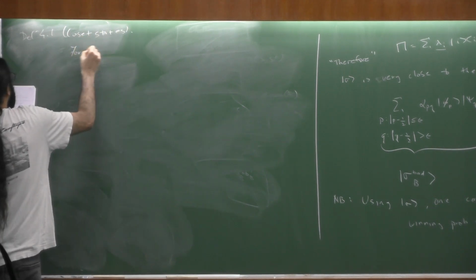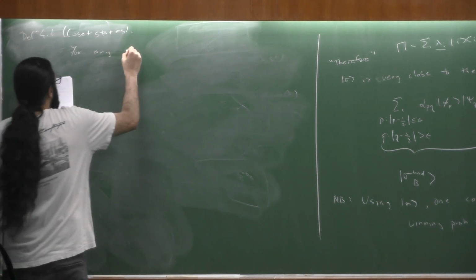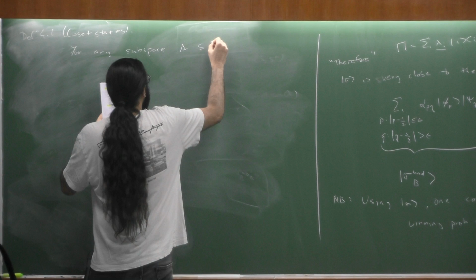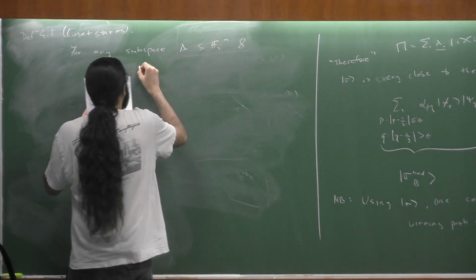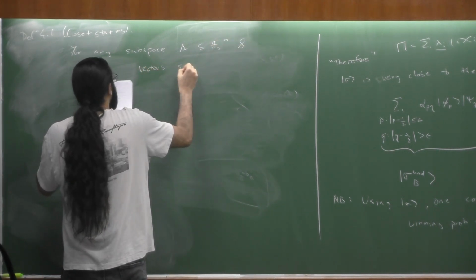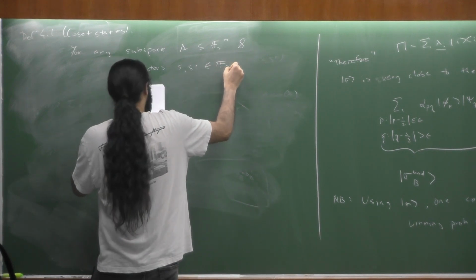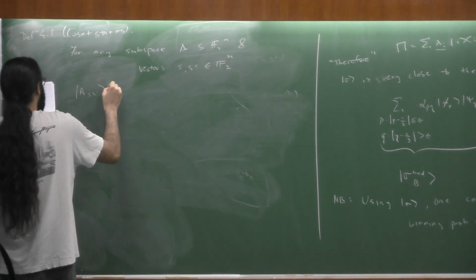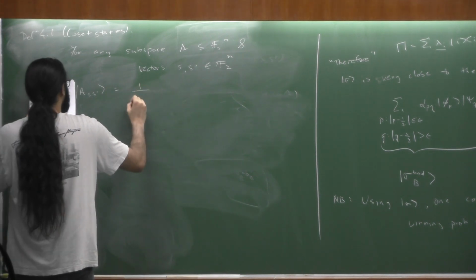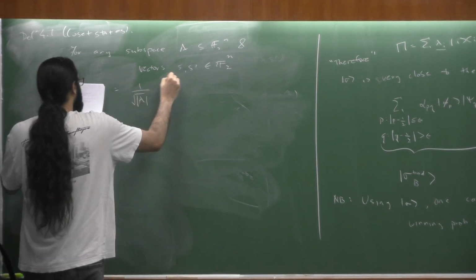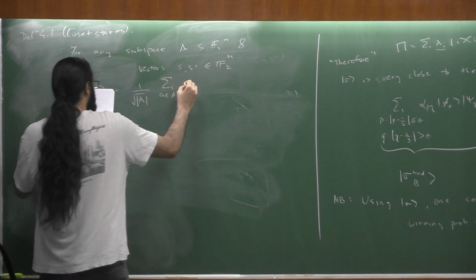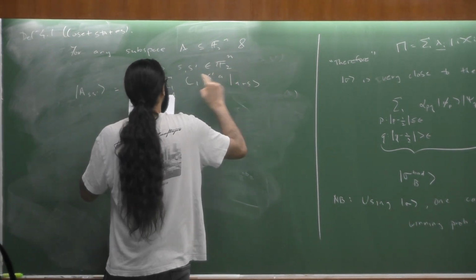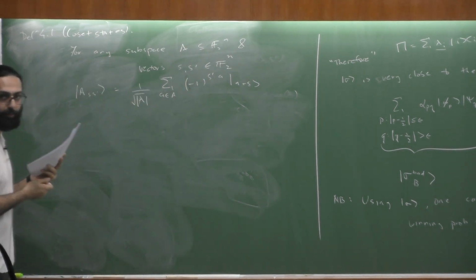For any subspace A of F to n, and vectors S, S prime in F to n, A S S prime, which is the coset state, is defined as 1 by root size of A, sum over A belongs to capital A, minus 1 to the S prime dot A, acting on A plus S, right? So that was just the definition.